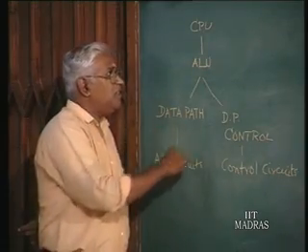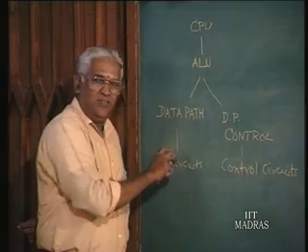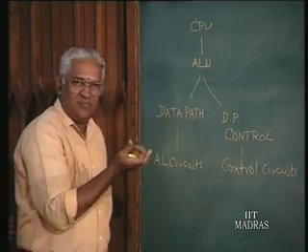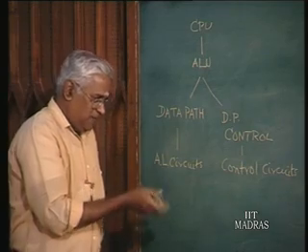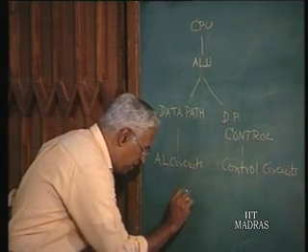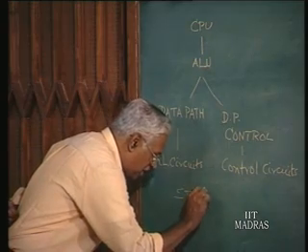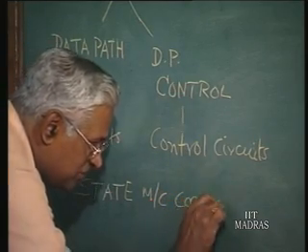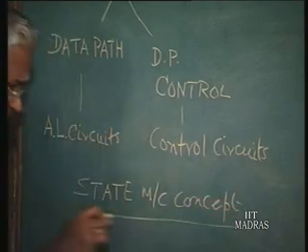In other words, this particular CPU design is nothing but a digital system design, an example of a digital system design, which means CPU as a state machine. So, we have to develop some idea about the state machine concept. You have to have some concepts about that.